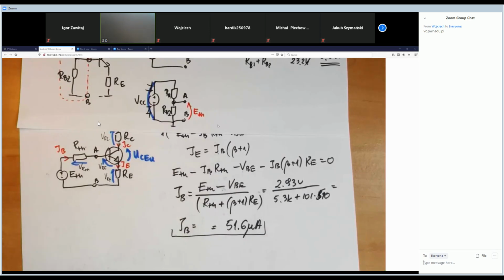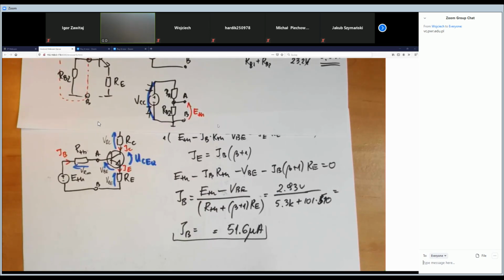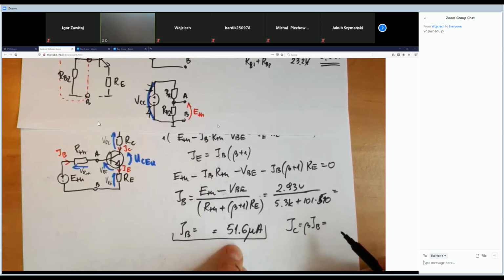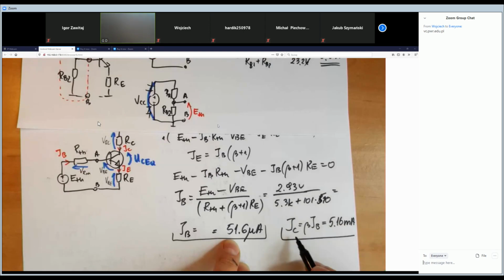So very quickly, we can find the IC current, which is equal to beta times higher than the base current. So if multiplied by beta 100, it gave us 5.16 milliamps. That will be the ICQ current.